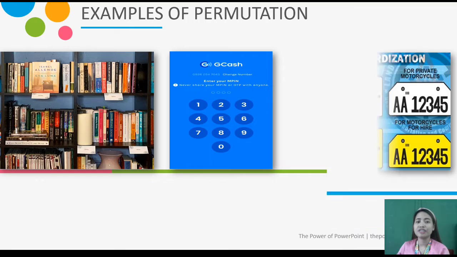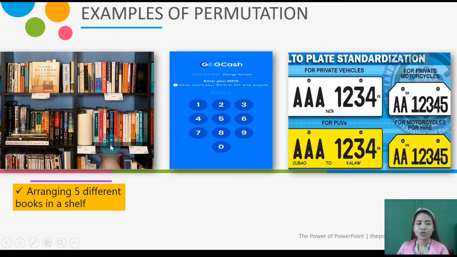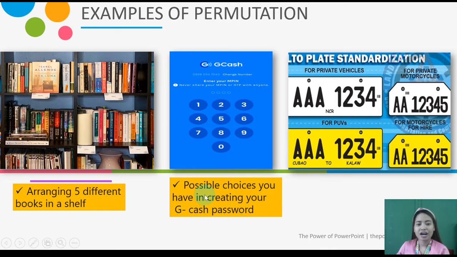I have here different examples of permutation in real life situations. The first picture shows arranging 5 different books on a shelf. So we can use permutation to find the number of arrangements of those books. Then also we have the possible choices you have in creating your Gcash password.